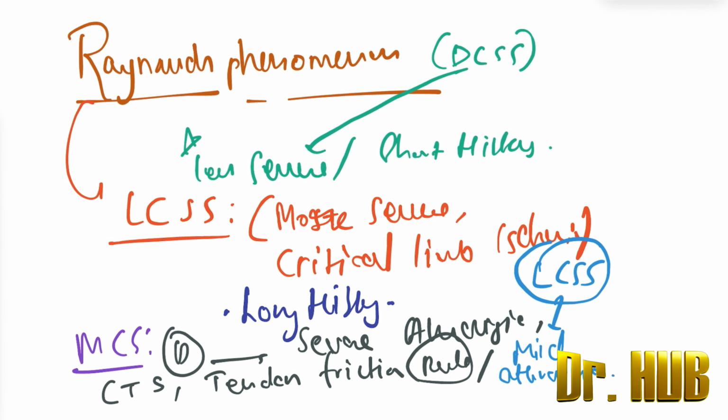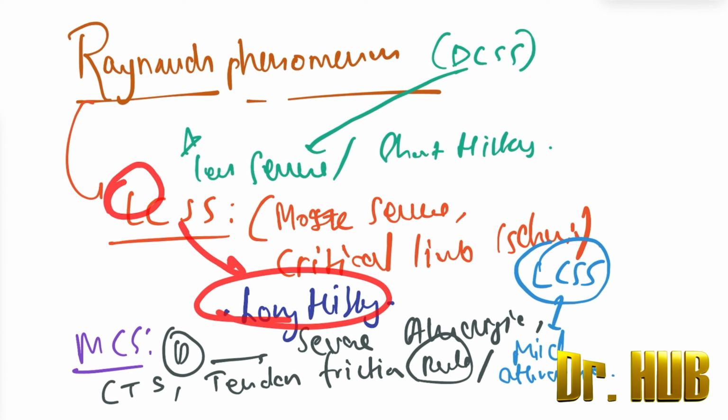Then LCSS stands for limited cutaneous systemic sclerosis. It is more severe and commonly associated with critical limb ischemia, and they have a long history.